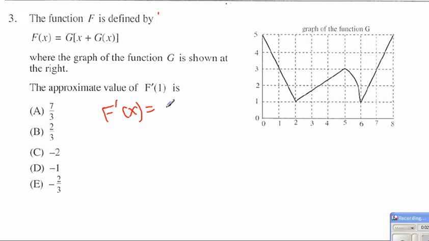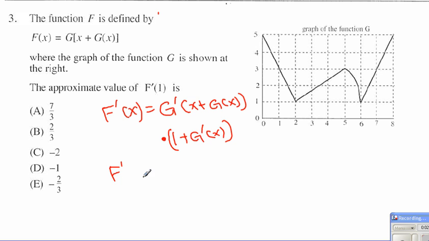Now, f prime of x simply means g prime of x plus g of x. But by the chain rule, we have to multiply by the derivative of the inside. Now, the derivative of x becomes simply 1 plus g prime of x. That's basically what we're indicating.